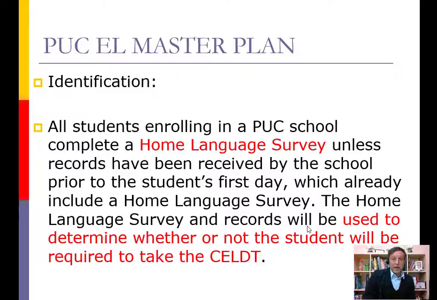So some background, every student at Puck completes a home language survey when they are enrolling at our schools. This is one way that we designate them, whether they need to have a test called the CELT, or not, because a home language survey will tell us if they speak Spanish at home or a different language at home other than English, and that will move them to the next step.